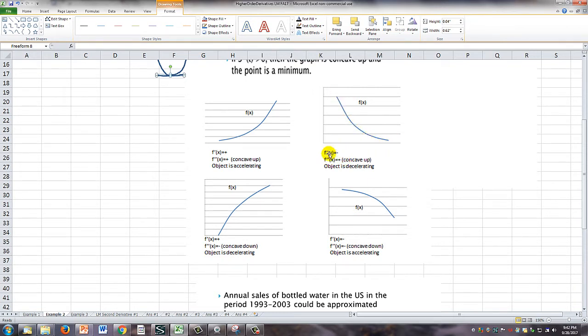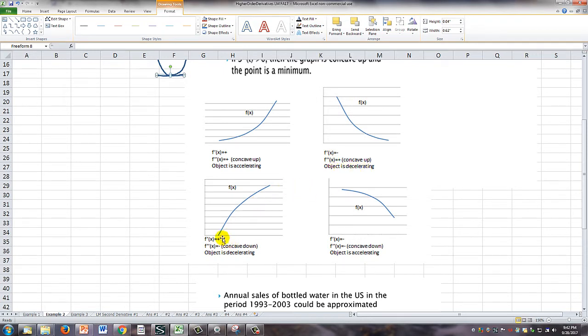So when these two signs are opposite, then you know you're decelerating. So let's say you're falling, and then you start to slow your fall. You're still falling, but you're kind of slowing down. The second derivative tells you about the shape of the function. It's concave up. But if you want to memorize it, if these are different signs, it's deceleration.